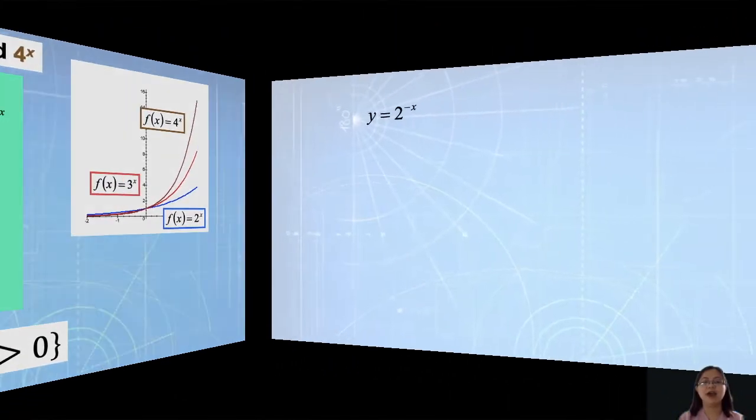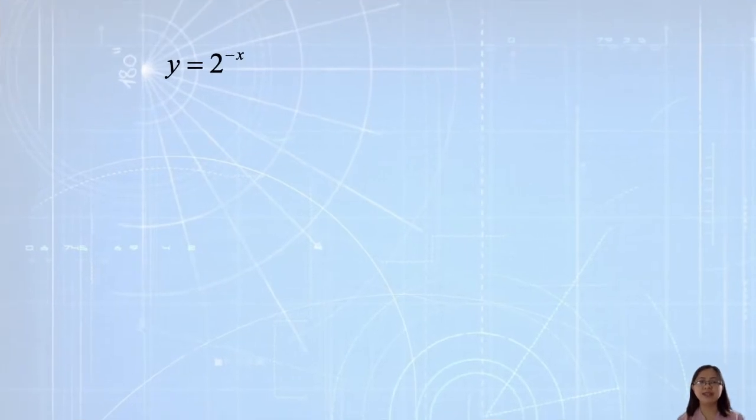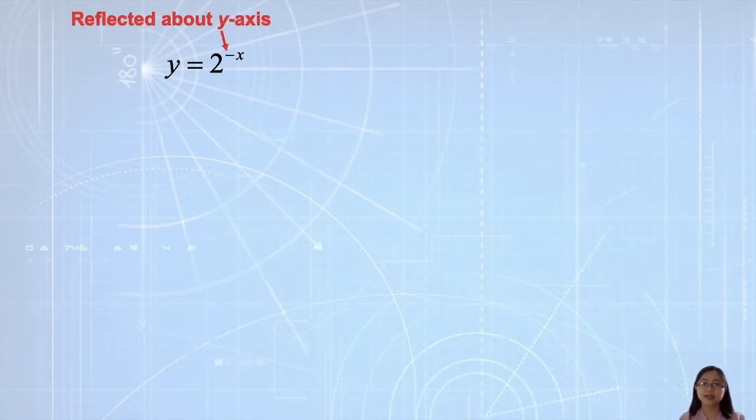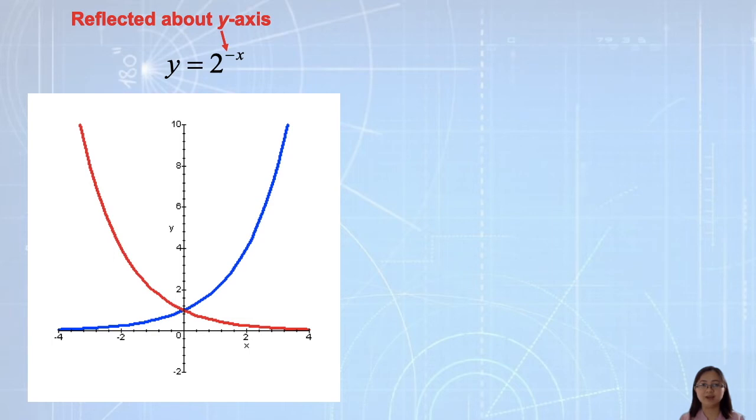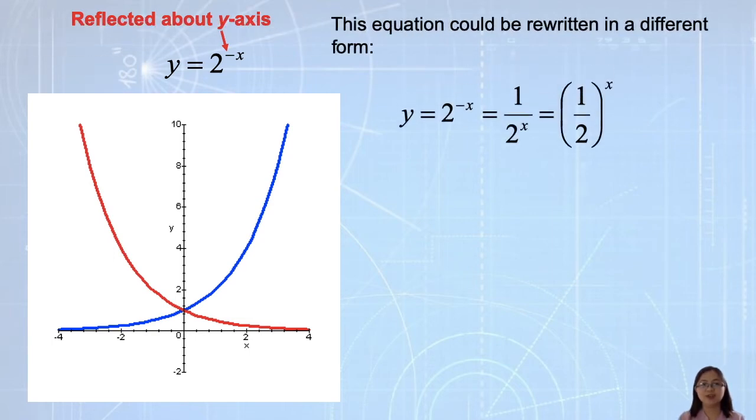Now, what if we have y is equal to 2 to the negative x? Since x is negative, the graph is reflected over the y-axis, so we have this graph. Observe the domain of the graph. This can also be written as 1/2 raised to x.